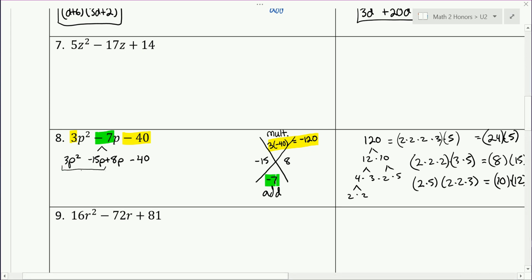So what do we factor out of the first 2 terms? 3p. What's left? P minus 5, good. And then last 2 terms we could factor out an 8, and we're left with another p minus 5. And then both of these have the same factor, p minus 5, so you factor that out.